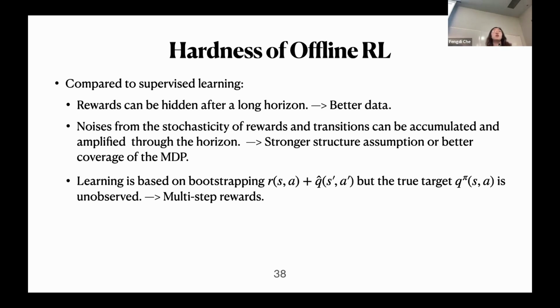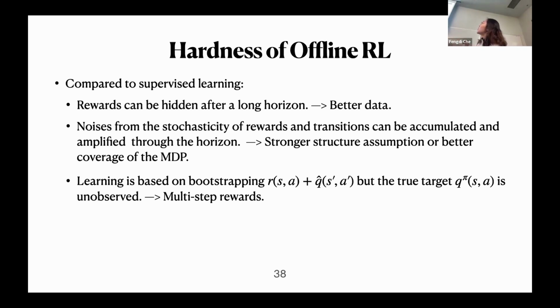But if I go backward from the horizon to the initial state, the error will be like 1 over epsilon to the power h or something like that.